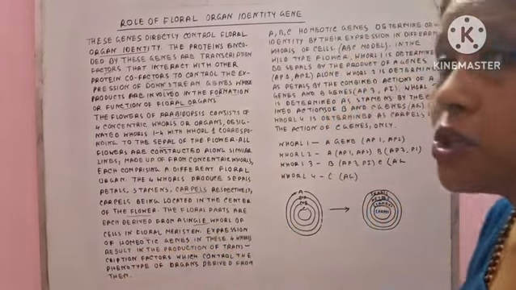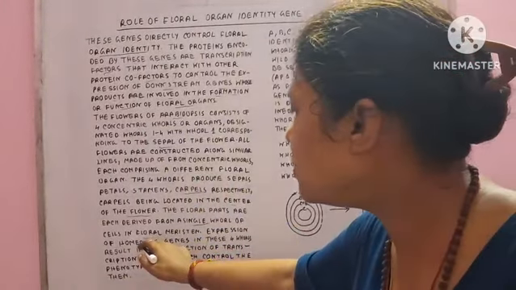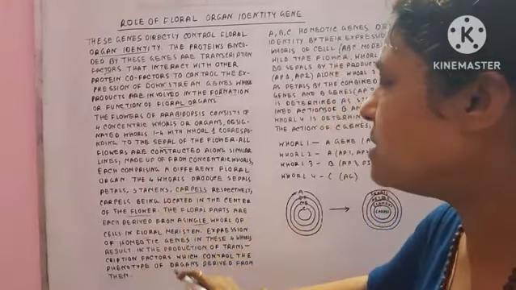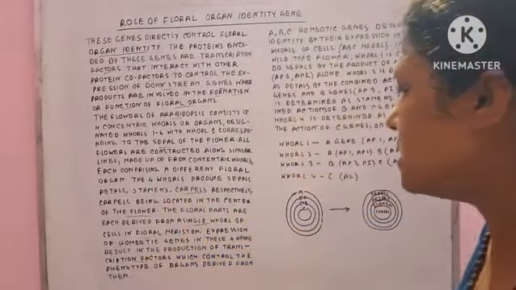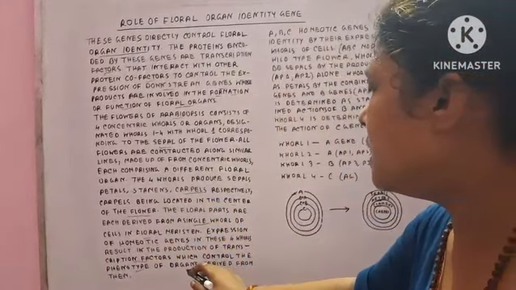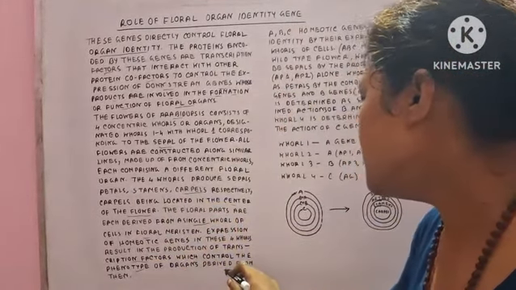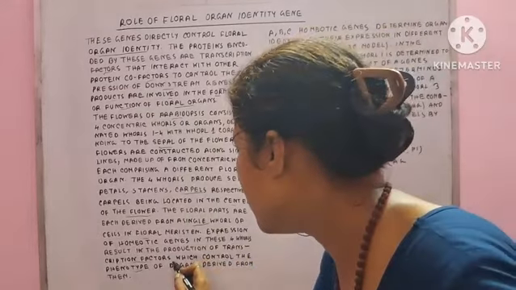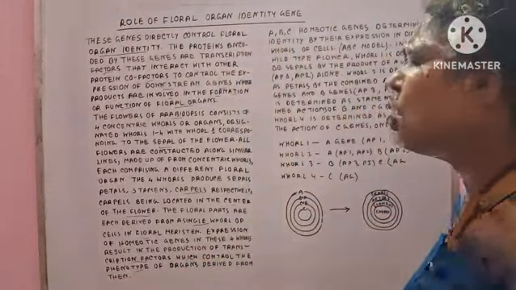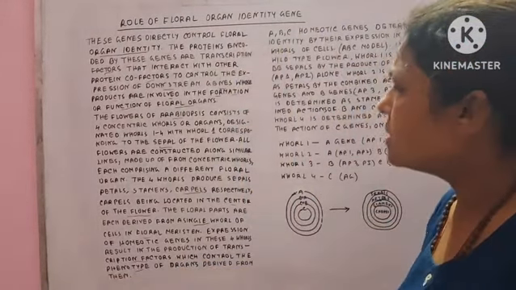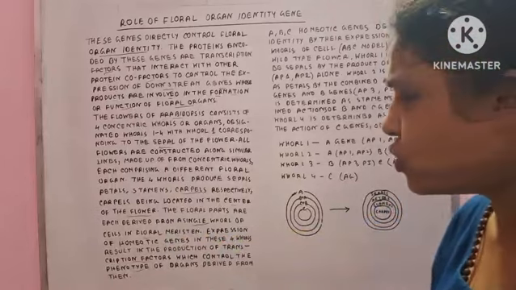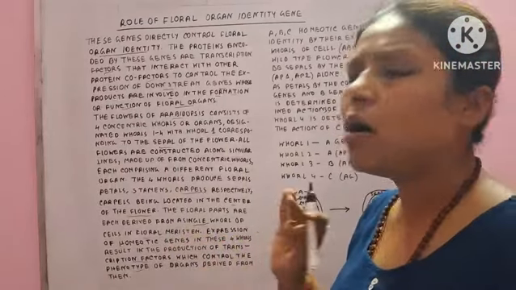So an important role is played by the homeotic genes, and these produce proteins, obviously transcription factors, that control the phenotype of the organs and the organs derived from them. So the important thing is that the homeotic genes play an important role in the production of the organs.